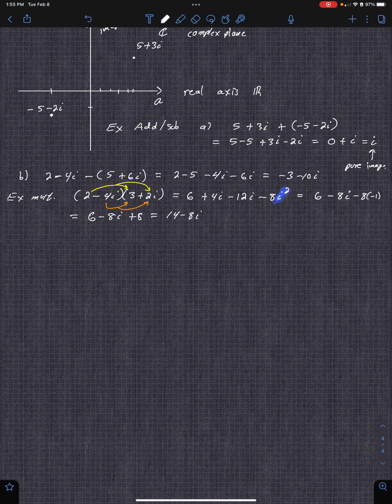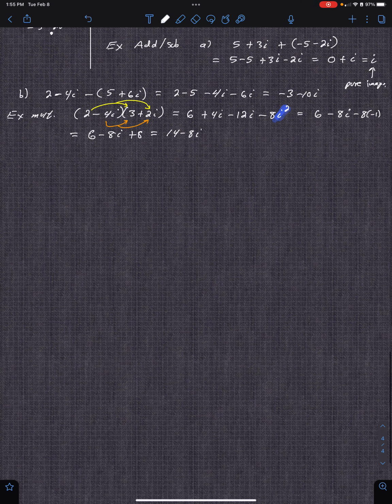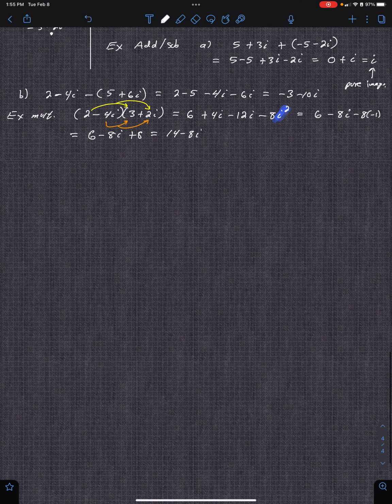So that's multiplication. Next is what we call conjugates. Conjugates of numbers is basically exchanging the sign in between. This is a simplified version, but we have a plus b and a minus b. Those are called conjugates.